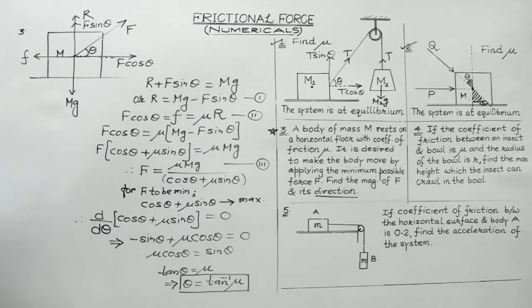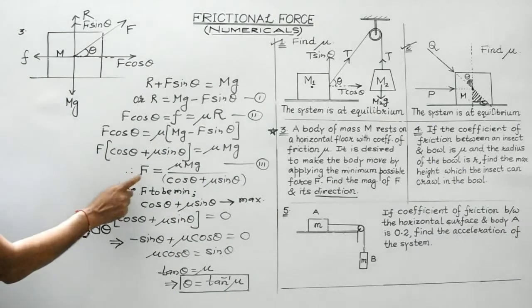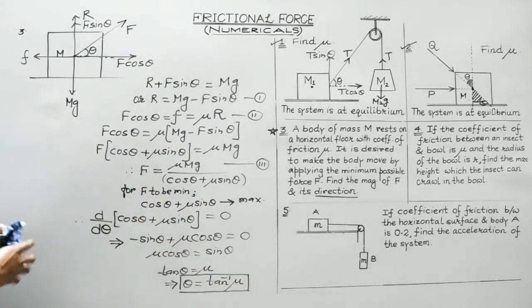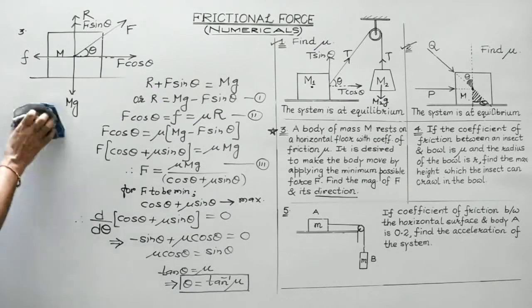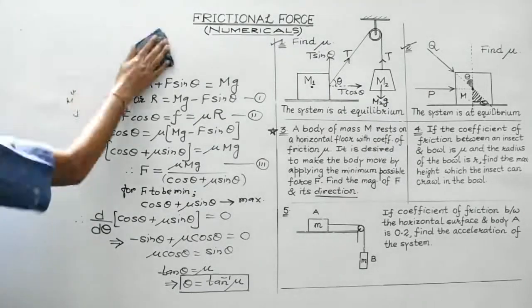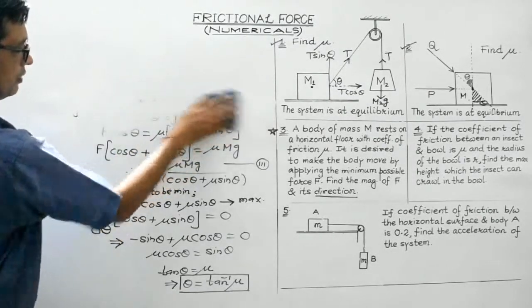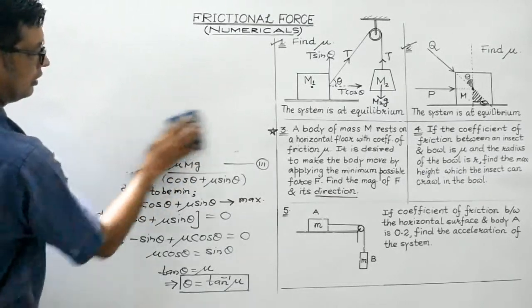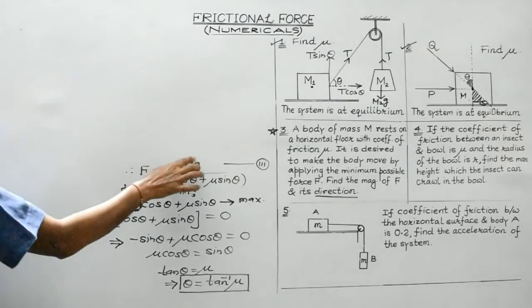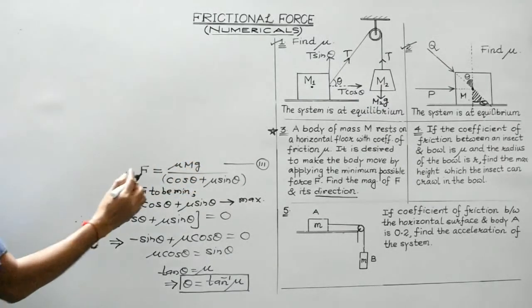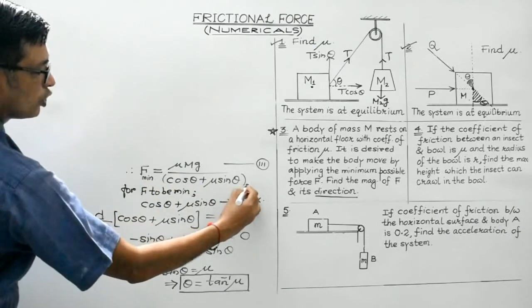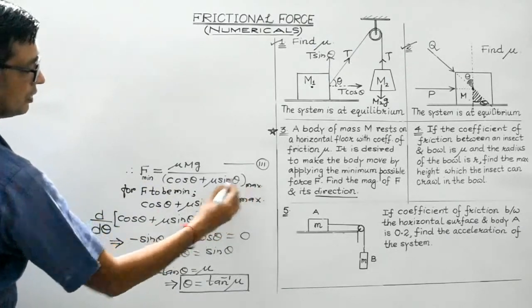For that, we need to substitute the values of cos theta and sin theta from here and then get the expression for F. Okay, let's do it. So, this is the expression for F, isn't it? And for F to be minimum, the denominator should be maximum, isn't it?